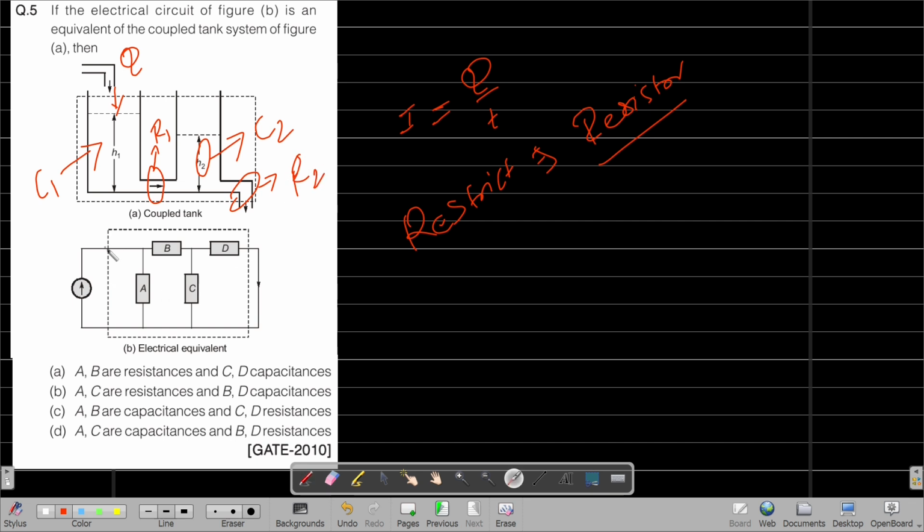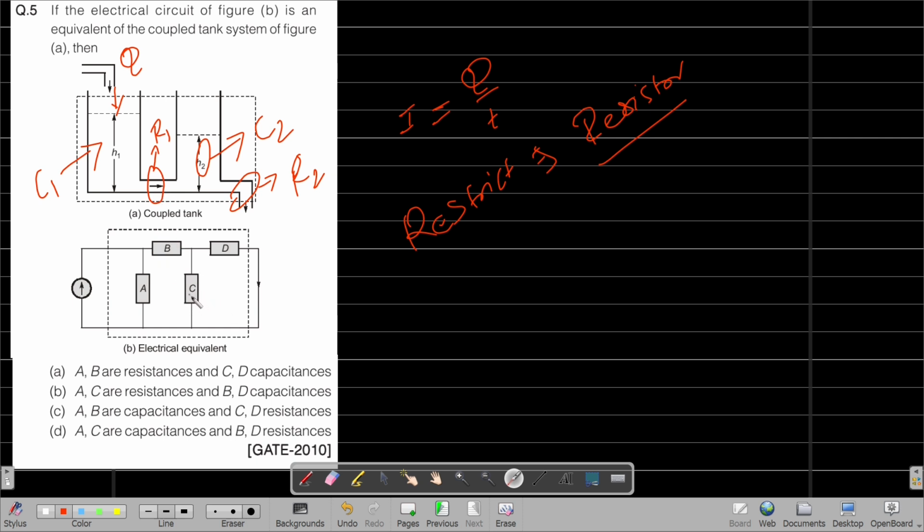When we find the similarities between the coupled tank and the electric equivalent circuit, when current is flowing, it first goes to A, which is represented by a capacitor. This A is a capacitor, and B represents R. Since it tries to restrict the flow of charge, B is a resistor.